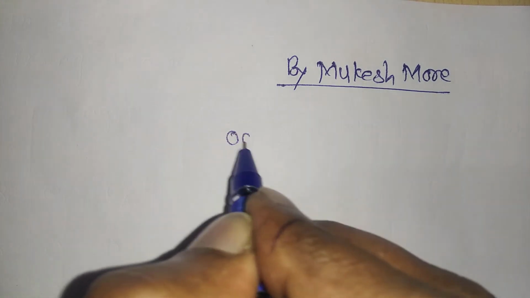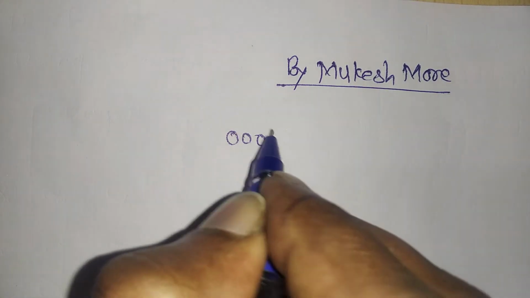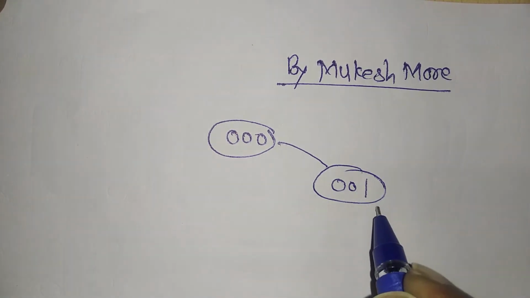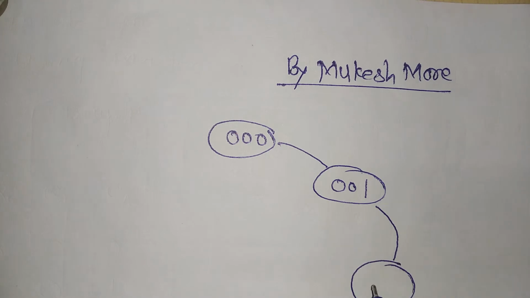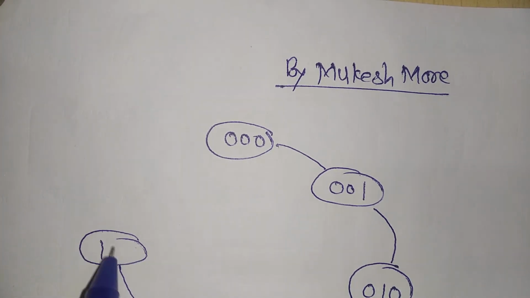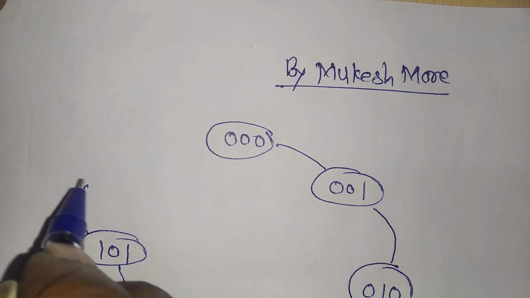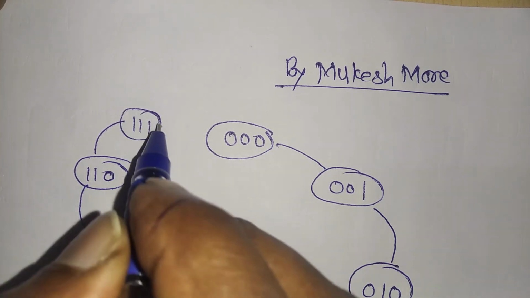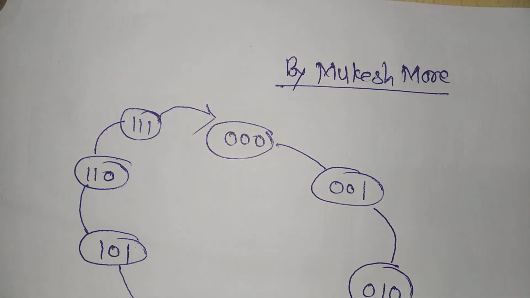That are 0 0 0, this is 3-bit, this is the first state, second state is 0 0 1, third state 0 1 0, then fourth state 0 1 1, then next state 1 0 0, next state 1 0 1, next state 1 1 0, and next state 1 1 1, and it is again going to the 0 0 0.